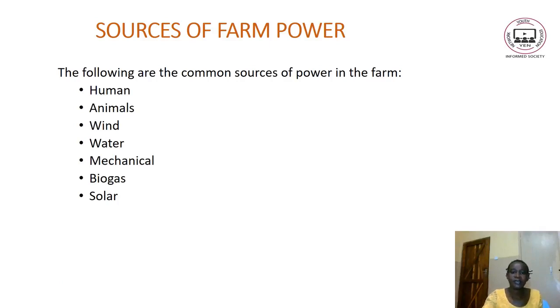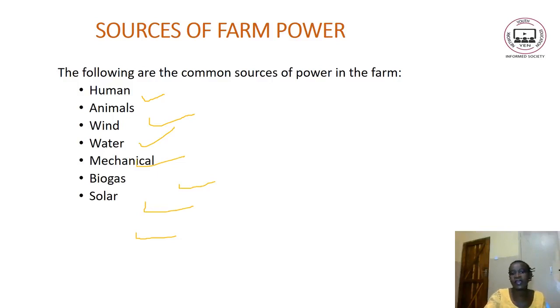Without wasting time, first of all, let us identify some of the sources of farm power. The following are the common sources of power in the farm, and these will include human power, animal power, wind power, water, mechanical, biogas, as well as solar.